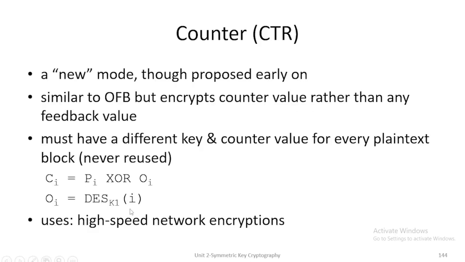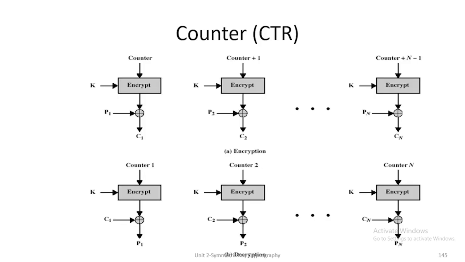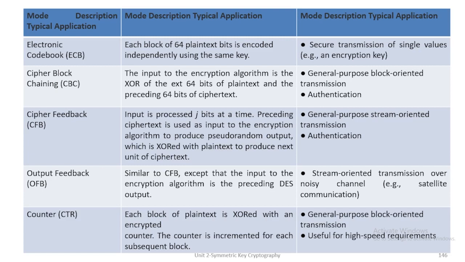So using these 5 different modes of operation, we may implement different symmetric encryption algorithms. This table gives an overview of the 5 modes of operation with their applications. Electronic codebook is applied in encryption for secure transmission of a single value. If you want to implement authentication with block-oriented transformation, we may shift to cipher block chaining.